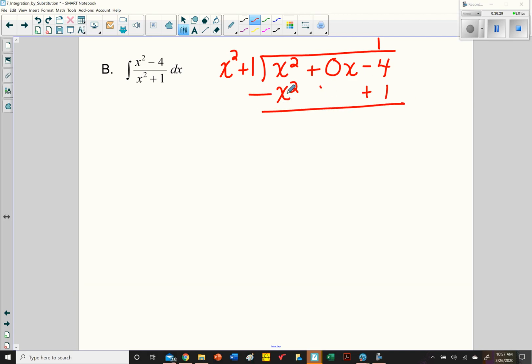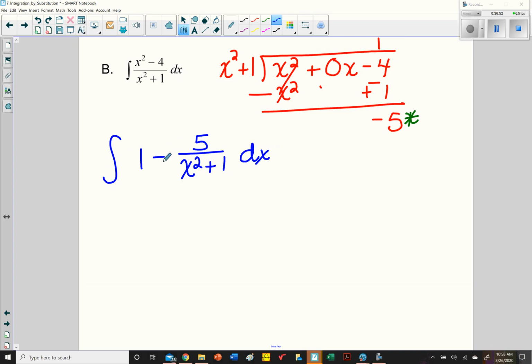I want to subtract. So this is gone. And our remainder is -5. Now that's a little bit of an issue because it's over this denominator, right? So our quotient is 1, but our remainder is -5 over the divisor.